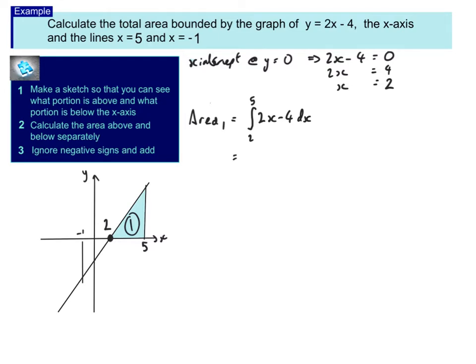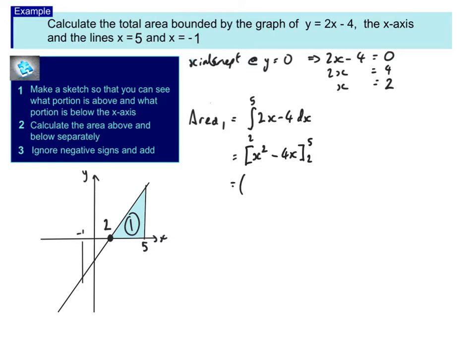2x is going to integrate to x squared, and then I would divide this by 2. 2 divided by 2 will give me a single x squared. -4 will integrate to -4x. And I'm going to have my upper and lower limit to substitute into that.